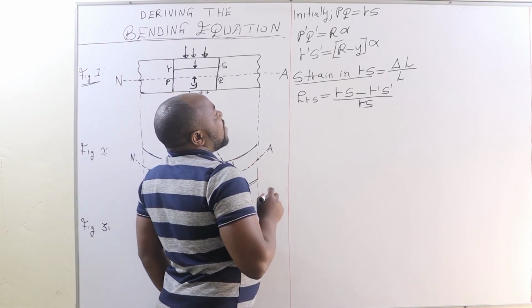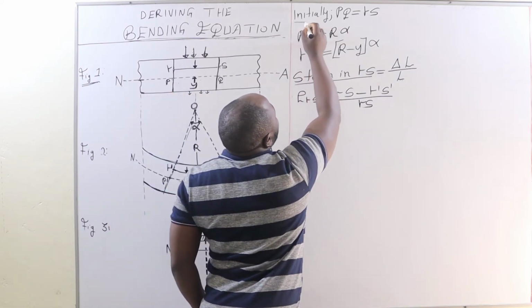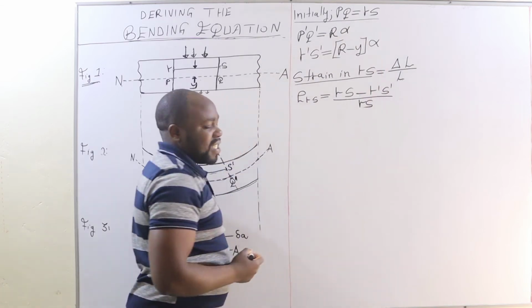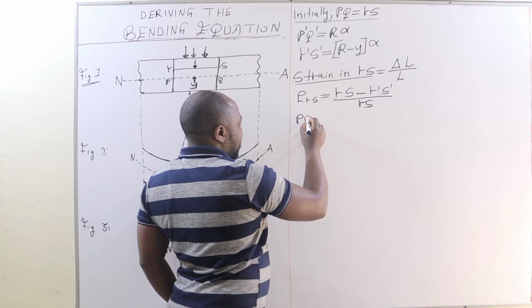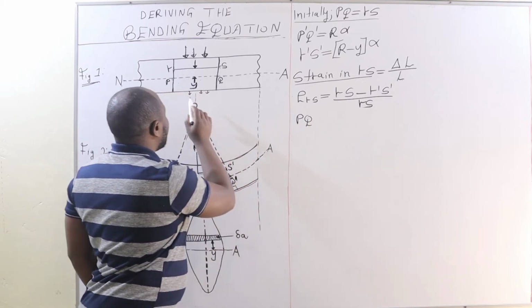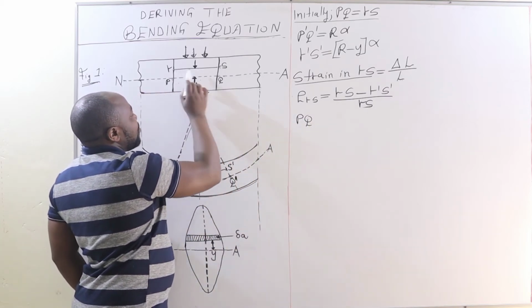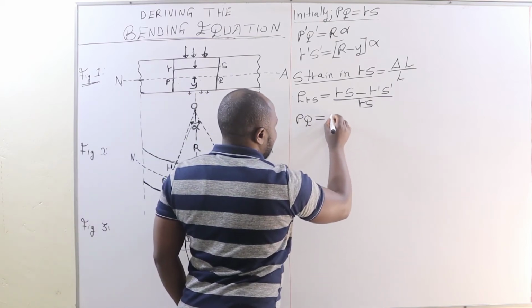We have said that initially, before the beam bends, the layer PQ along the neutral axis was equal to RS.